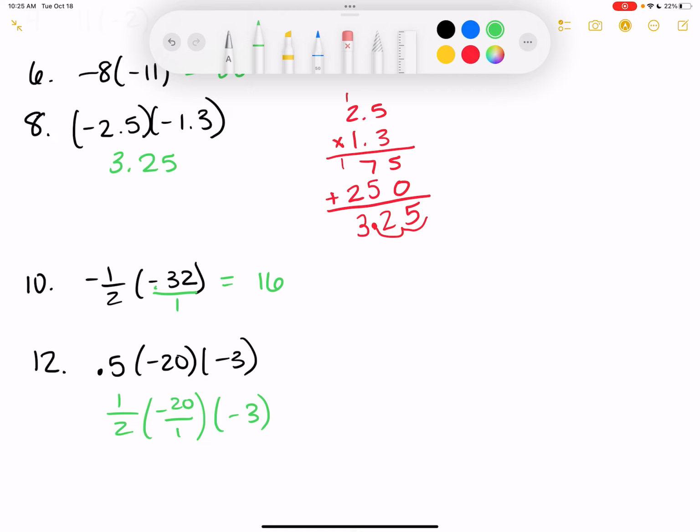So 1/2 times negative 20, or negative 20 divided by 2, would be negative 10, and then times negative 3, that would be positive 30.